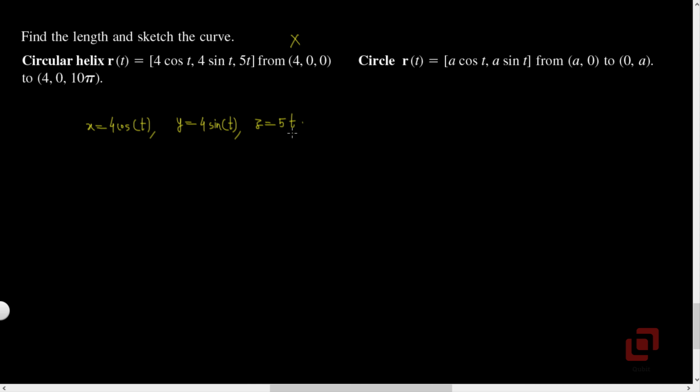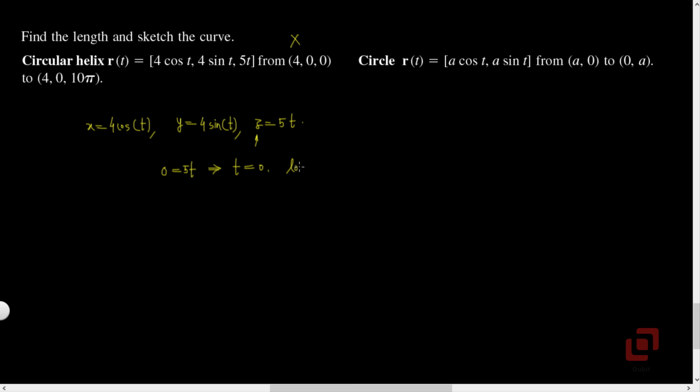Let's now find the values of the parameter t for the starting point and the end point. We can make use of any of the three coordinates, but I will prefer the z coordinate as it will not lead to infinitely many solutions, unlike cos t and sin t. The starting point is (4, 0, 0), so the z coordinate is 0, equal to 5t, which implies that t is 0.